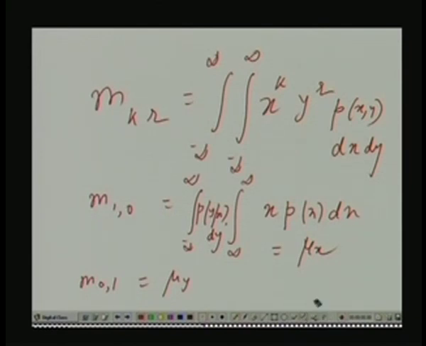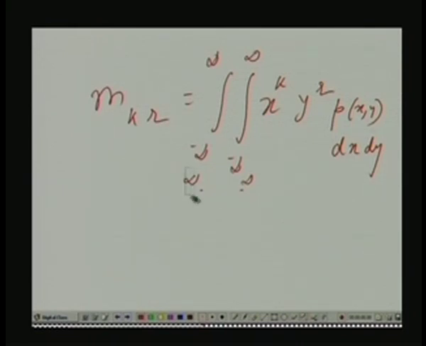Then what is M11? Or say start with M20. Clearly it will be the expected value of x square.